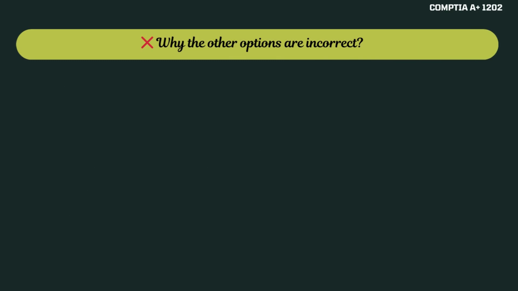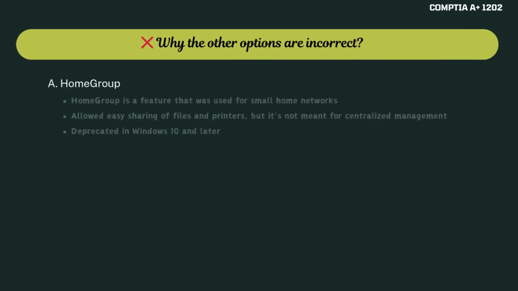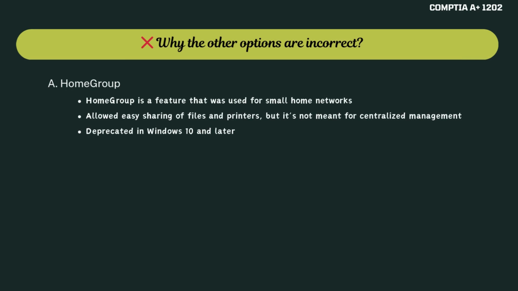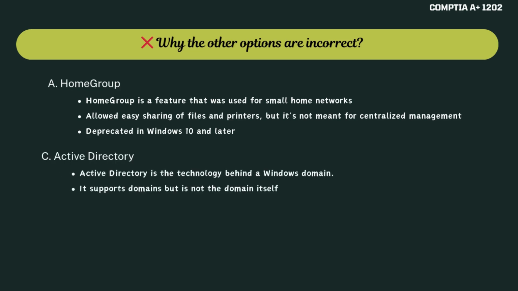Why the other options are incorrect? A. Home group. Home group is a feature that was used for small home networks. Allowed easy sharing of files and printers, but it's not meant for centralized management. Deprecated in Windows 10 and later. C. Active Directory.